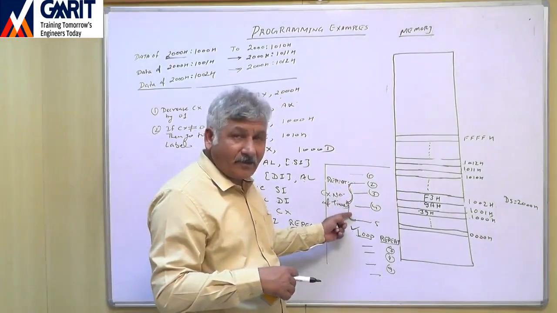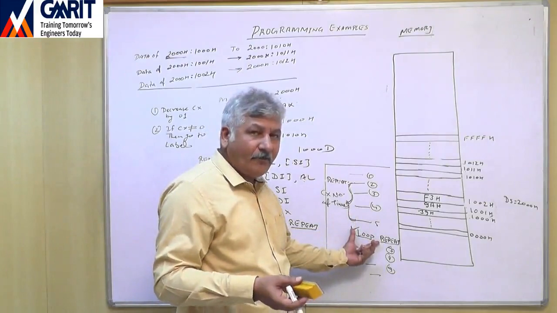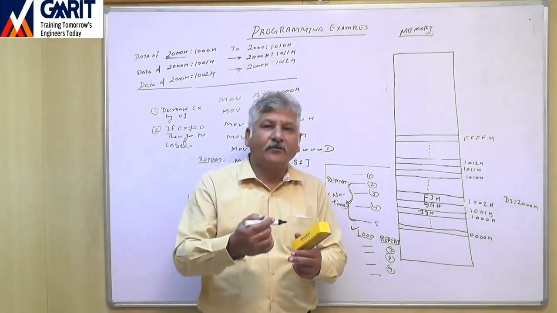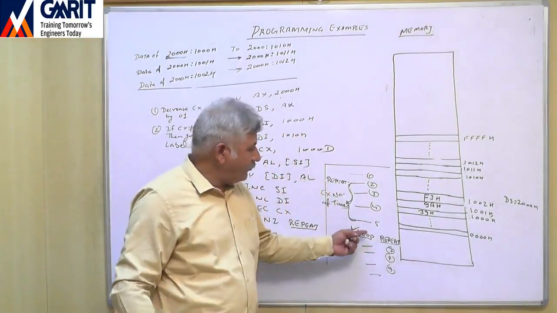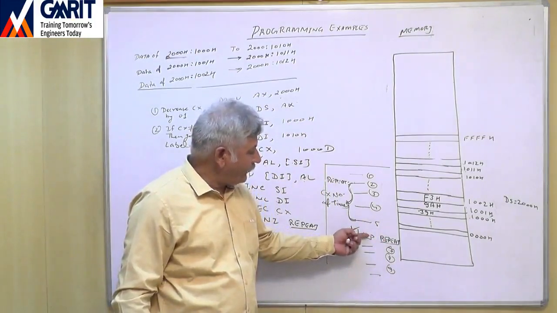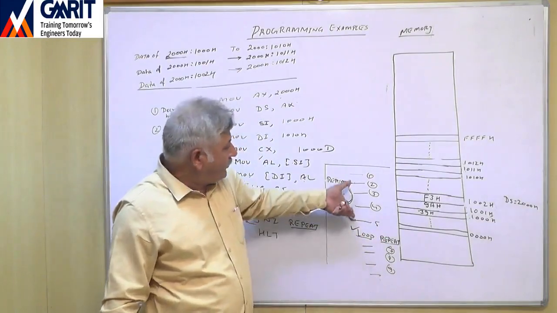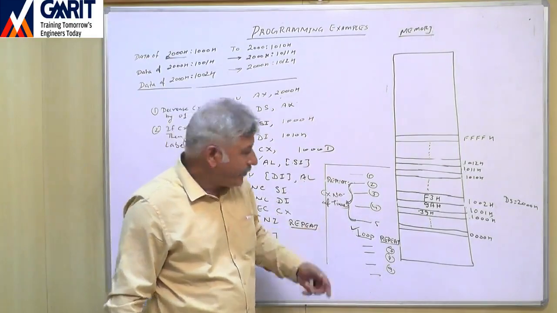Now loop will again reduce the value of CX by 1, so CX was 1 and now it will be reduced to 0. Once it is 0, the program sequence will not go to the label repeat. The controller will execute the next instruction written after loop.